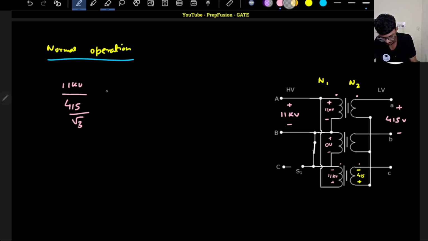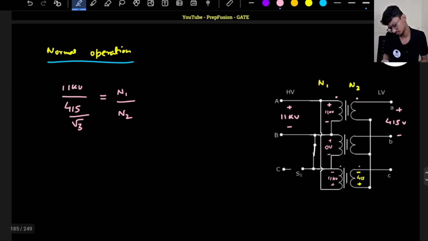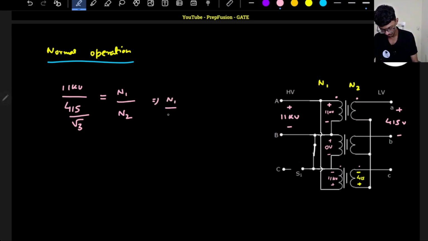This will equal N1 divided by N2. So from here I can get the value of N1 divided by N2. That will be 11,000 divided by 415 by root 3, which comes out to be 45.9.